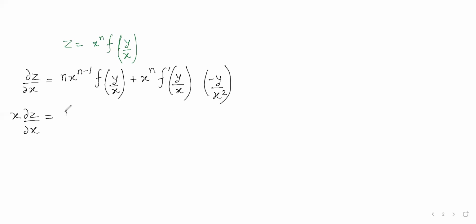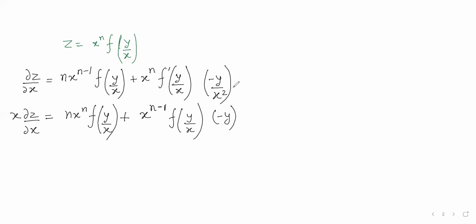So we are left with n x to the power n f of y by x for the first term, plus x to the power n minus 1 f dash of y by x into minus y.